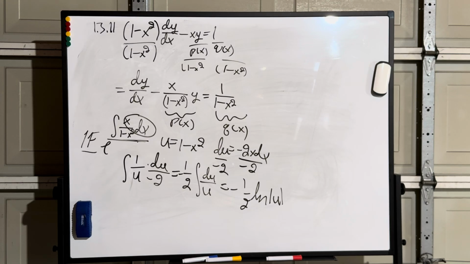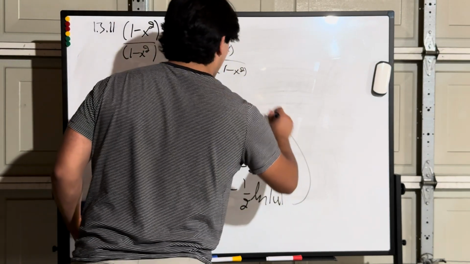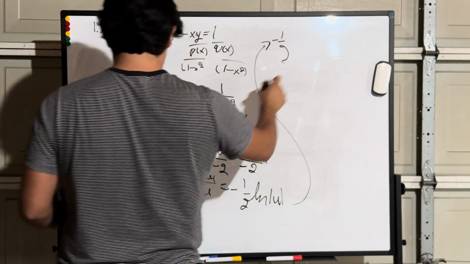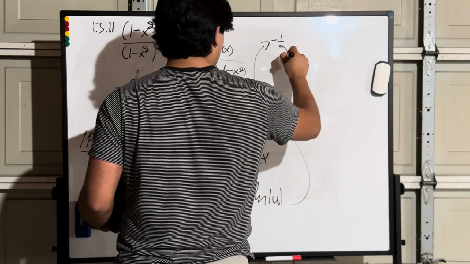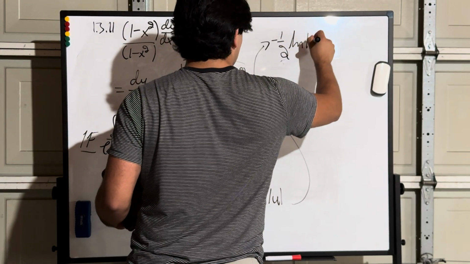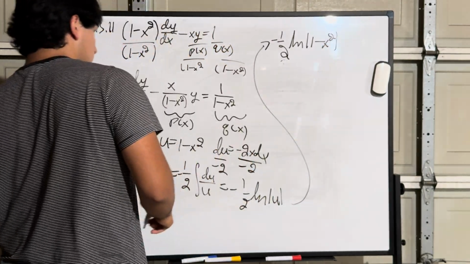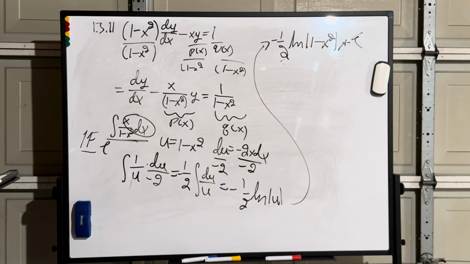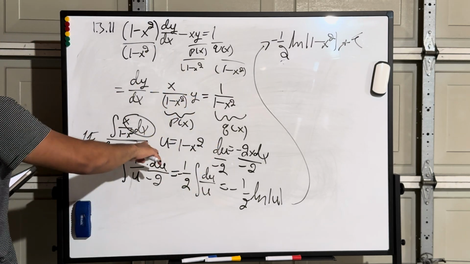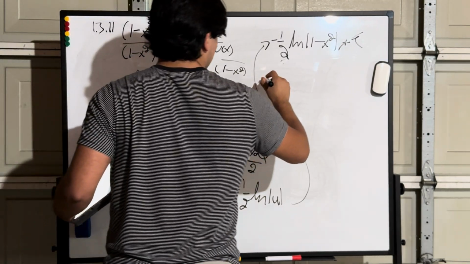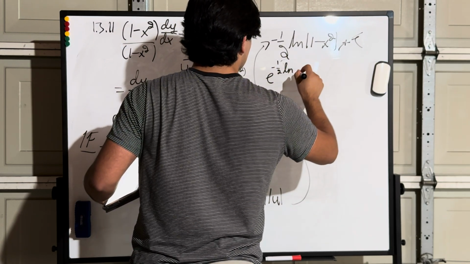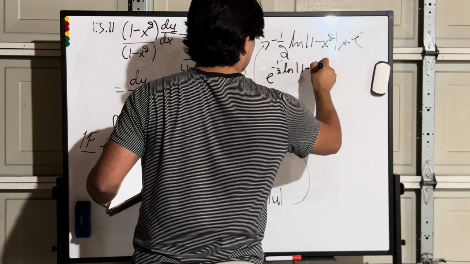Let me make sure that's good. Yeah, has to be good. So remember, our u was 1 minus x squared. So ln of 1 minus x squared plus c, but we don't need the plus c. So here is your integration function, e to the negative 1/2 ln of 1 minus x squared.